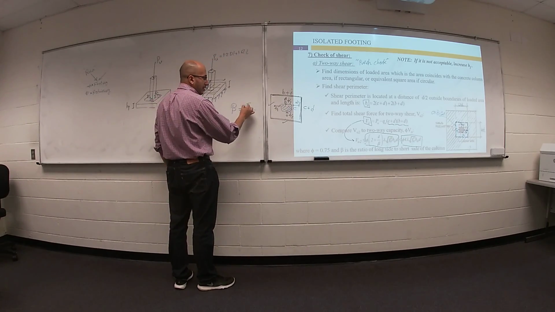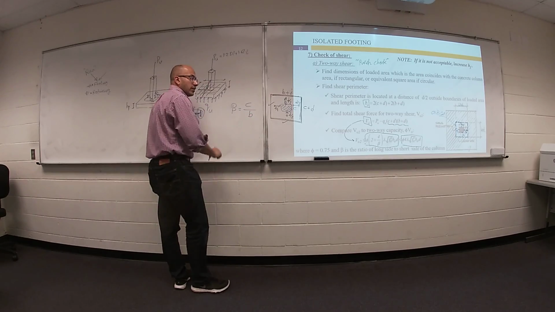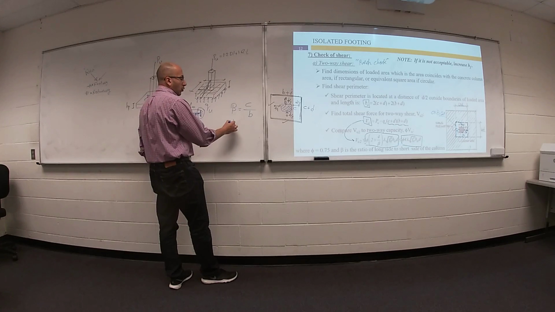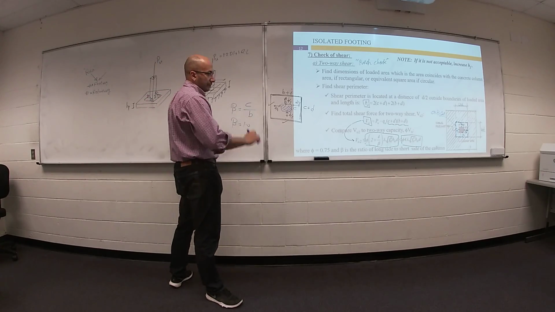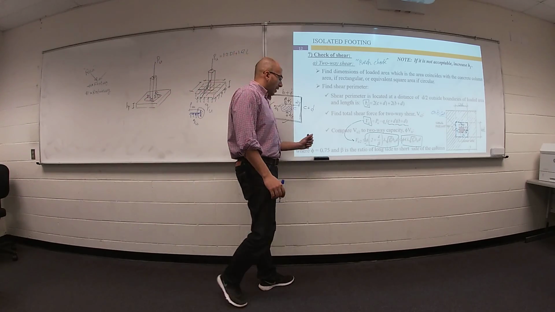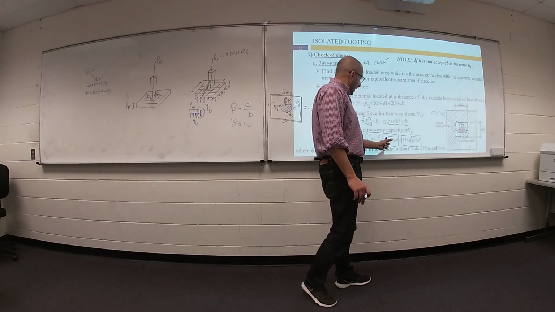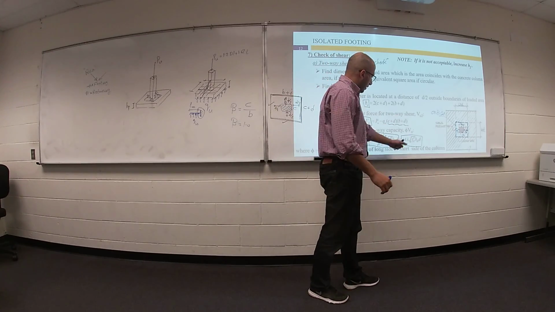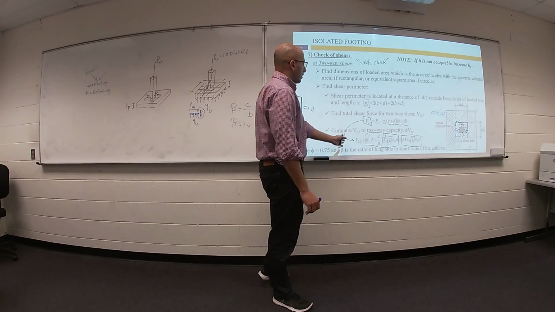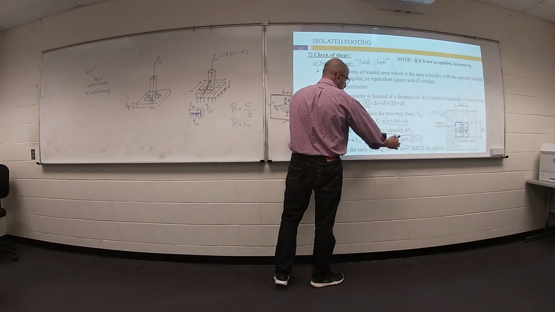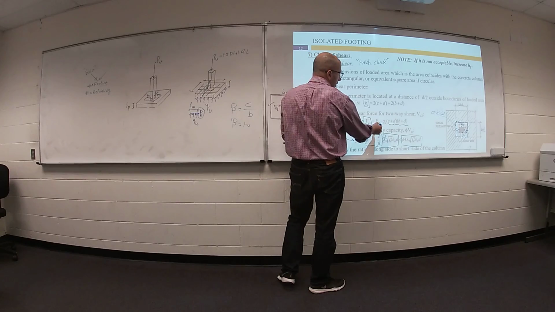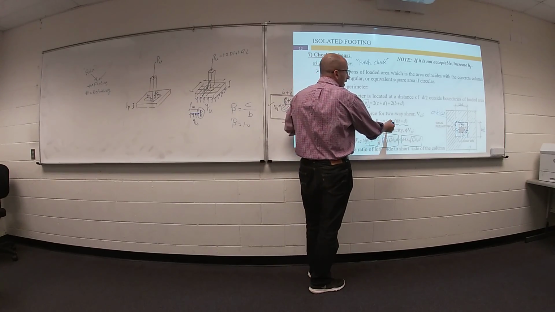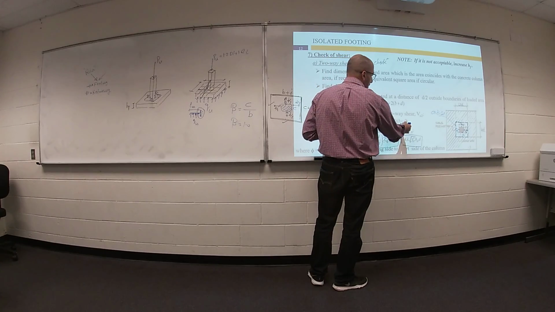If your column is a square, beta will be 1. Lambda equals 1 for normal concrete, so I can figure out the right side of this equation. The left side equals P ultimate, which we calculated, minus q ultimate, which we calculated, times c plus d times b plus d.